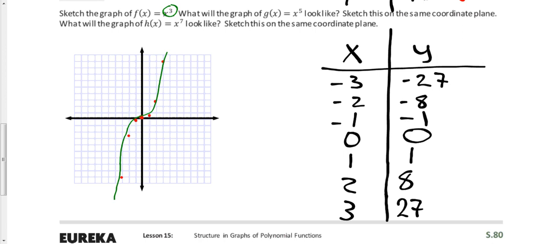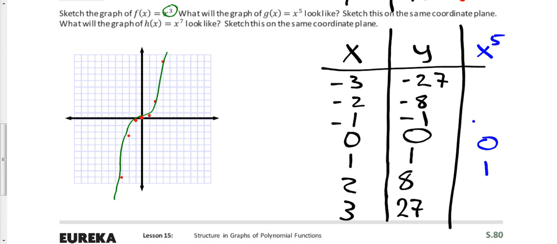Now, here's my question. I didn't do this up above, but we'll go back to it. What do you think the graph of x to the 5th would look like? It'll look very similar to this, except what? It'll be steeper, right? Let's do x to the 5th in blue. So when x is 0, it's 0, right? When x is 1, 1, and negative 1.